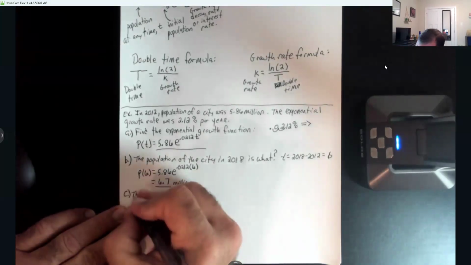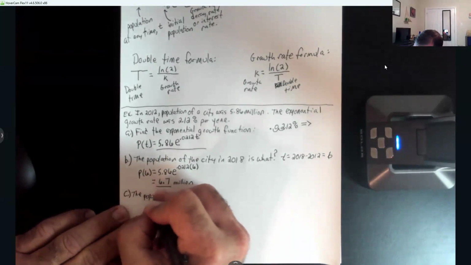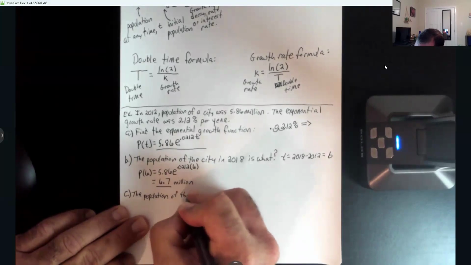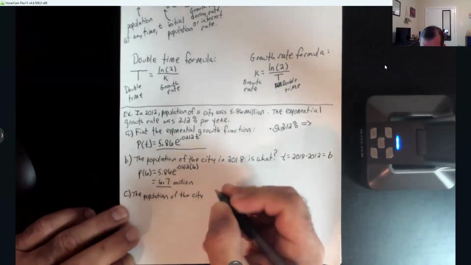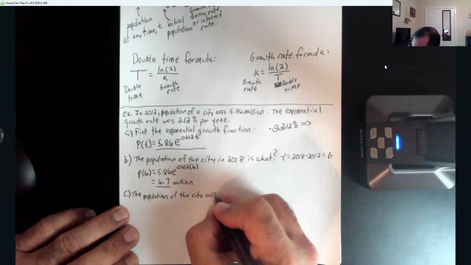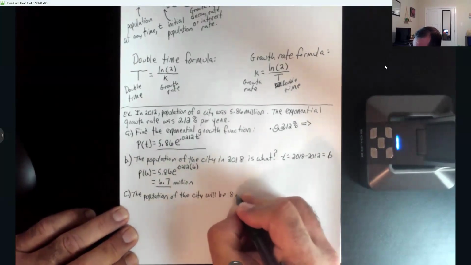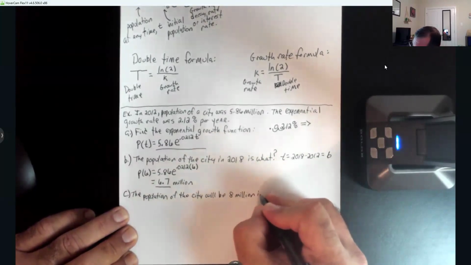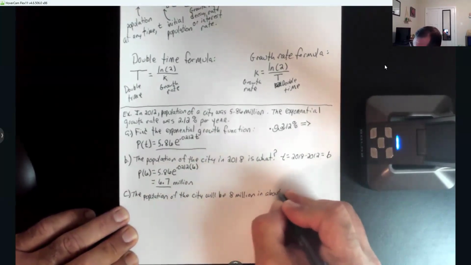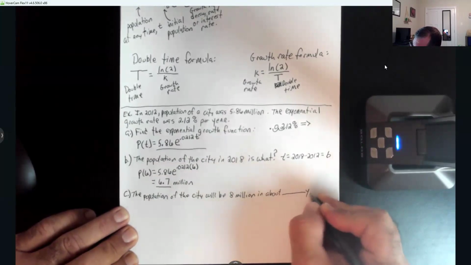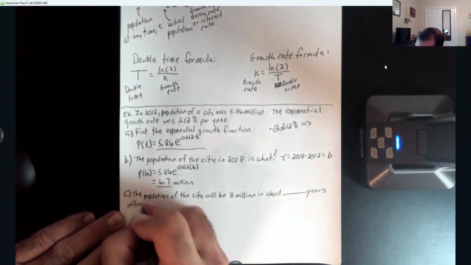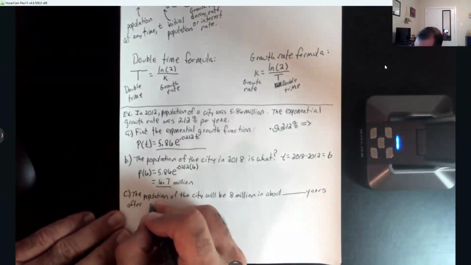This one says the population of the city will be 8 million in about blank years after 2012.